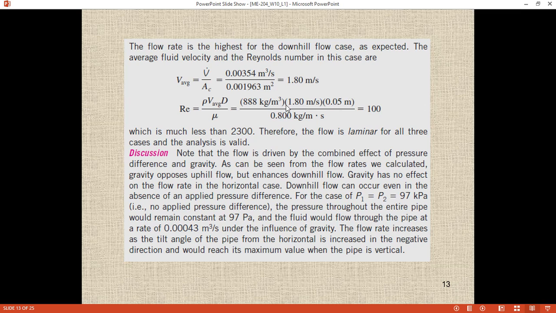For the circular pipe, if the Reynolds number is less than 2300, that means the flow is laminar. So our Reynolds number is 100, which means our flow is laminar. So this is the discussion. For the rest of the discussion, you can read yourself to understand what I have explained already.